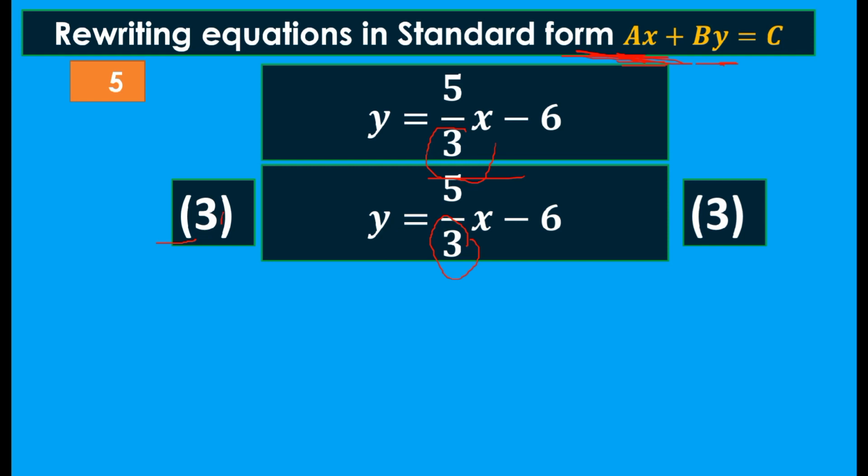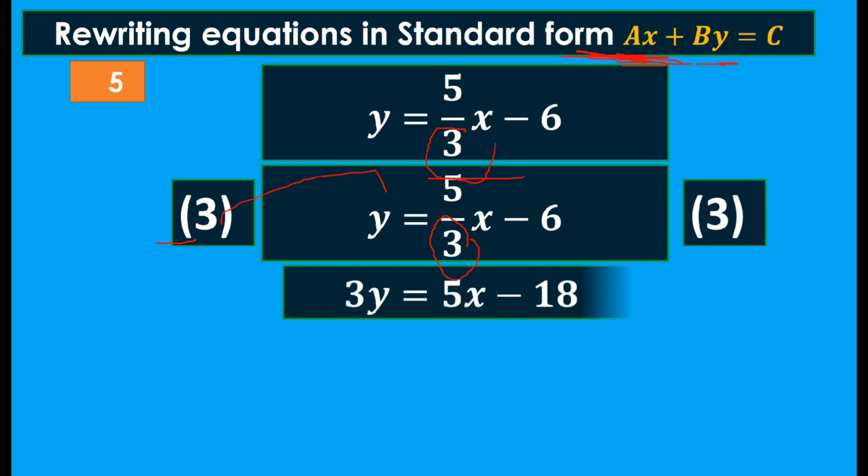So, 3 times your y, it would become now 3y. Then, 3 times 5 over 3x, it would become 5x. Kasi, pag tinanggal mo si kabit na 3 now, dyan, si 5x na lang ang natira. And then, 6 times 3 is equal to 18. So, it would become 3y equals 5x minus 18.